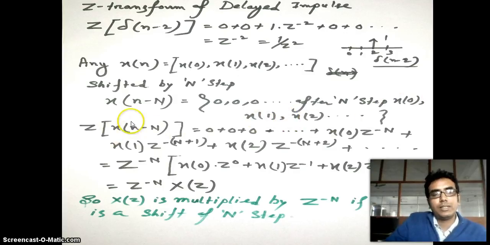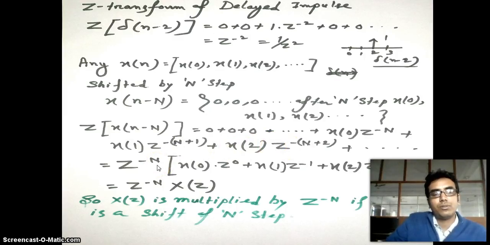So what will be the Z transform of x of n minus n? It will be 0 plus 0 plus 0, and after n steps, x0 into z to the power minus n plus x1 into z to the power minus n minus 1, x2 into z to the power minus n minus 2, and so on.